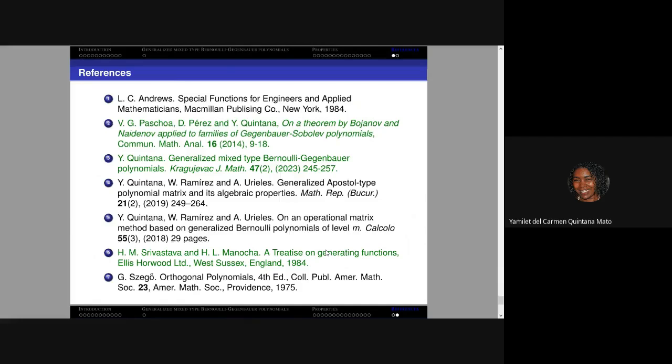The reference in green represents the main reference for the information of the talk. The other references, in black, represent a good bibliography about special functions and orthogonal polynomials, special functions like Bernoulli polynomials, generalized polynomials, etc.